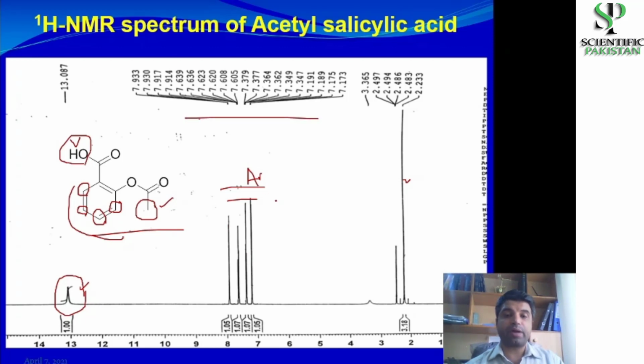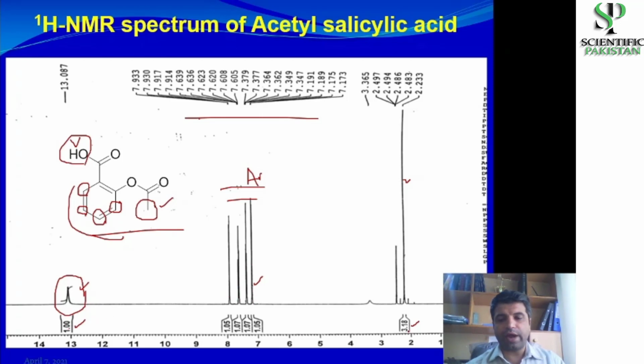Another important parameter is the integration that we have not yet discussed. Integration gives you the number of hydrogens in one signal. You can see here some figures, 3.18, which can be rounded off to 3, which means this signal is for 3 protons. This is equal to 1.05, so this signal here is for 1 proton. This is for 1, this is for 1, this is for 1, and here this is for 1.